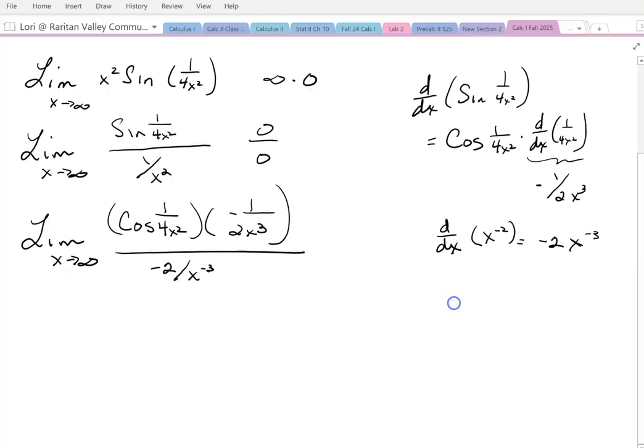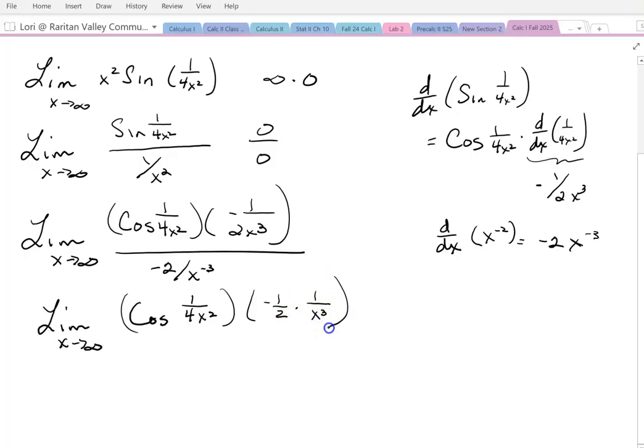I'm just going to rewrite these a little bit differently because it looks really complicated, but it's not that complicated if you think about it. You have limit x to infinity, and keep my cosine of 1 over 4x squared. And I'm just going to write this as negative 1/2 times 1 over x cubed. Okay, I just broke it up.